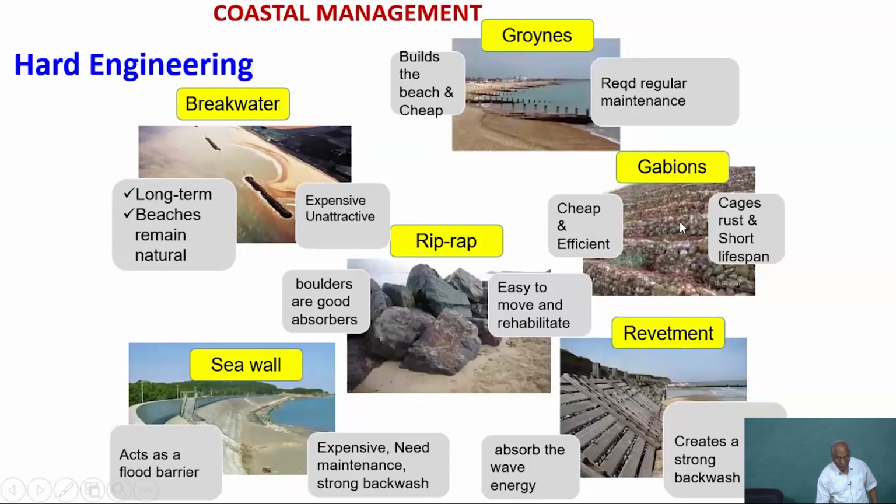Then you also have what are called gabions. Where are gabions used? When you calculate the size of the individual rock that is needed for a groin, depending on the water depth, it can vary even up to about 5 tons.